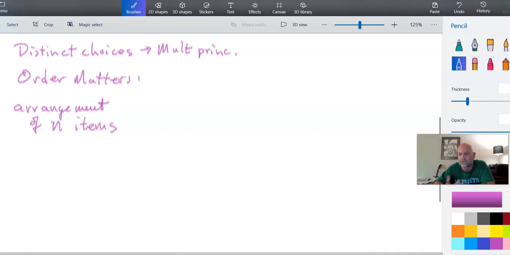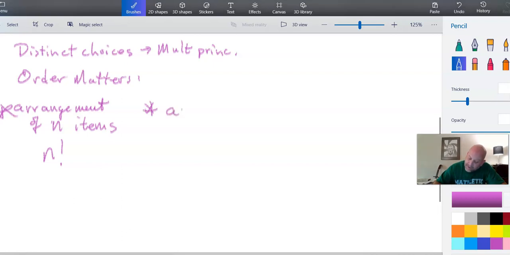How many ways can you scramble these things? Where you're using all of the items every single time. That ends up just being n factorial. Okay? So that's our first thing.